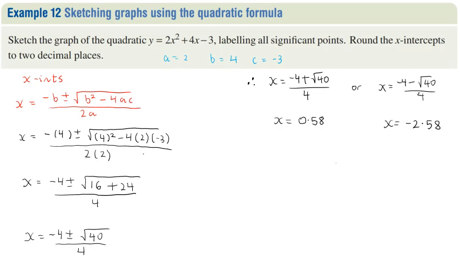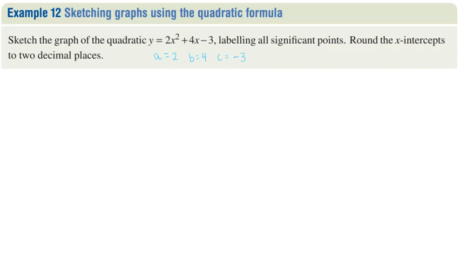So if I was sketching them on the graph, I would have one here at negative 2.58 and one here at 0.58. Alright, on the next slide, I'll show you how to work out the turning point and the y-intercept.